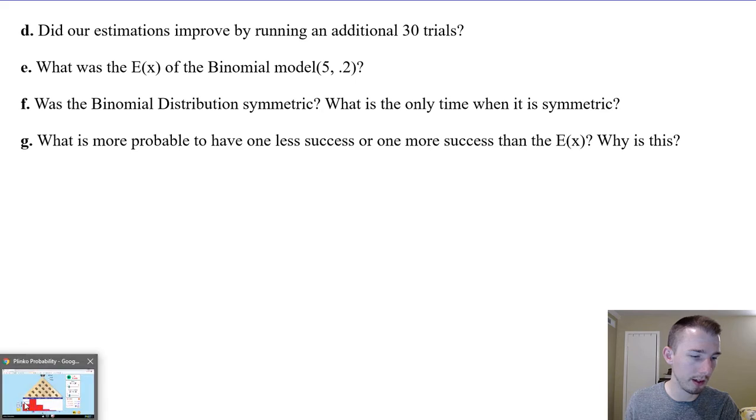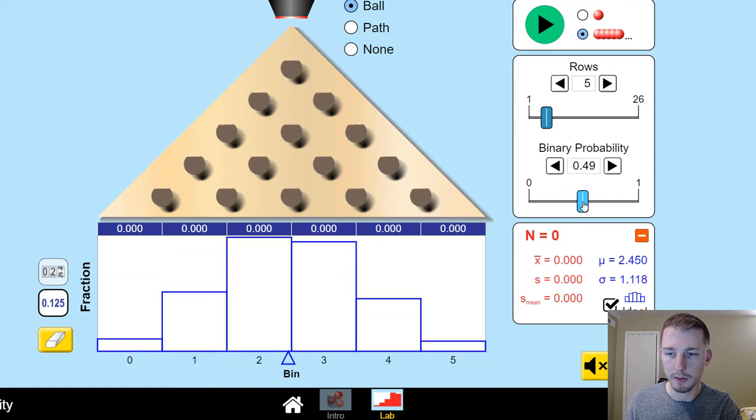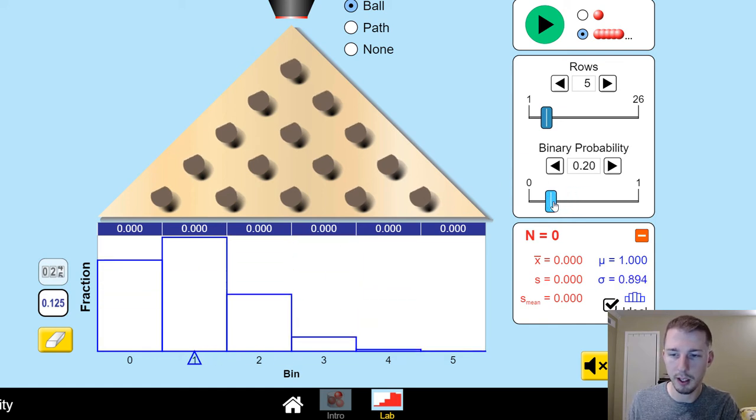Let me pull this back up. Even with small samples right here, if our probability is 50-50, then we're equally likely to have one more or one less than the expected value. So pretty simple, and I think it actually will tell you the mean as well and the standard deviation, which is awesome.